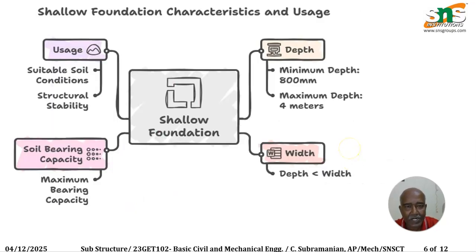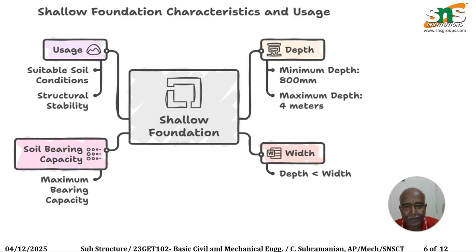Here you can see the shallow foundation characteristics and usages. First, it must have a soil bearing capacity. In the earlier slides we saw about the bearing capacity, which means the strength it is able to withstand. The depth and the width will also be defined.